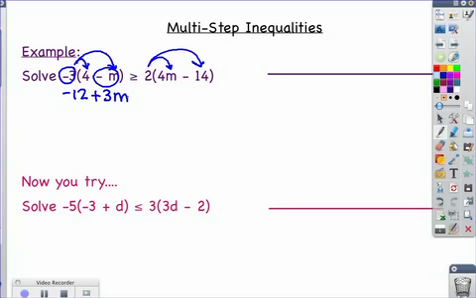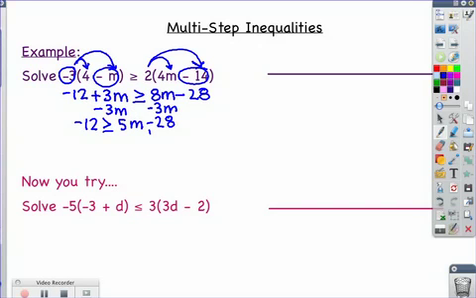I have m's on both sides of the inequality symbol, so I subtract 3m from both sides, which leaves me with negative 12 is greater than or equal to 5m minus 28. Add 28 to both sides, and I have 16 is greater than or equal to 5m.